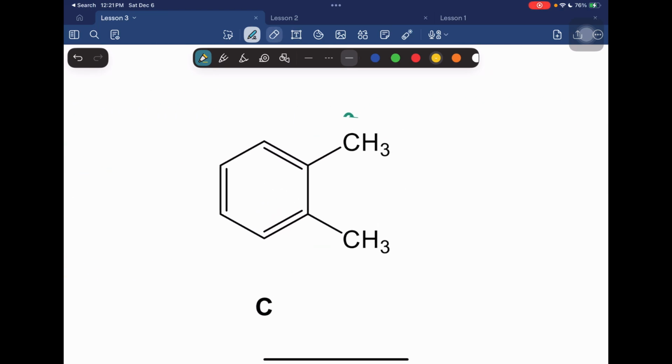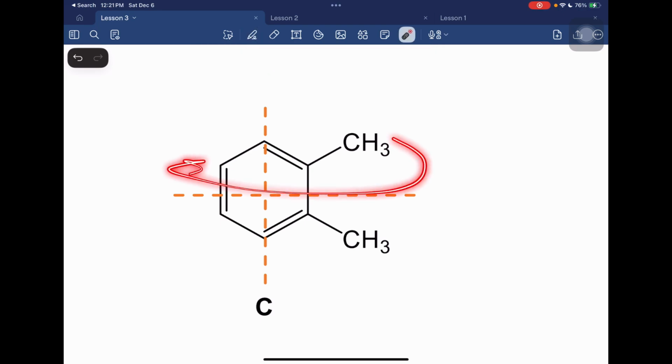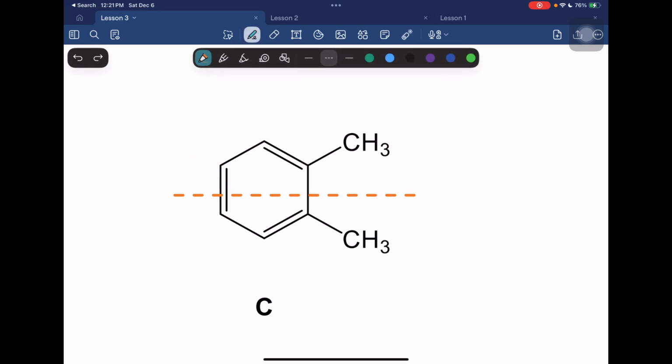And then C. What do you notice? You're going to notice another mirror plane. The mirror plane is right there, meaning, what are we going to have? And again, we only have one mirror plane, right? That wouldn't work because you can't flip these over. They have nothing to match them. So we're going to do A, right?